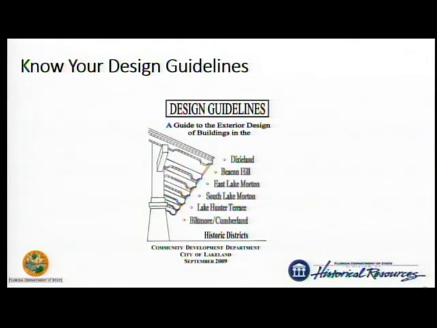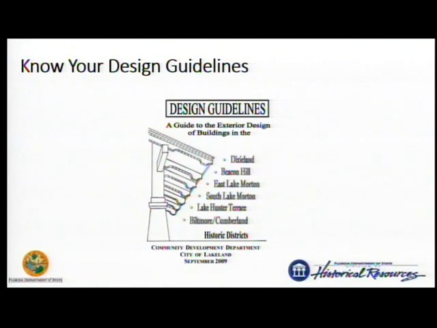Okay, next, and we talked with Ms. Dalton earlier about design guidelines. Knowing your design guidelines, now I know y'all don't have any yet, and that's where we use the Secretary of Interior standards, but knowing your design guidelines is going to help you make what's called defensible decisions, right? So these are the reasons why we do what we do.